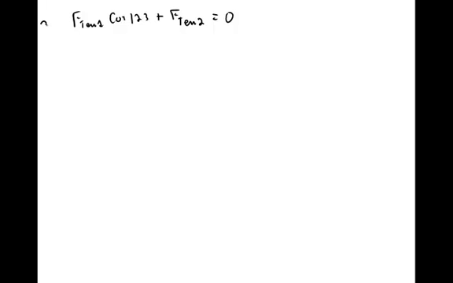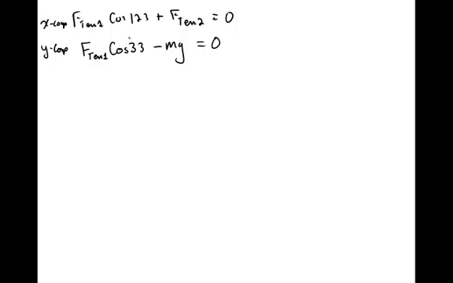That's the x component. The y component then gives me F10(1) cos 33 minus mg equals 0. So I have two unknowns. I don't know what F10(1) is. I don't know what F10(2) is. I do know m. I do know g. I have all my angles. So two unknowns means I need at least two equations, which fortunately I have.